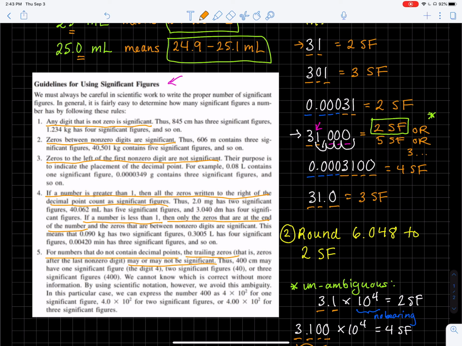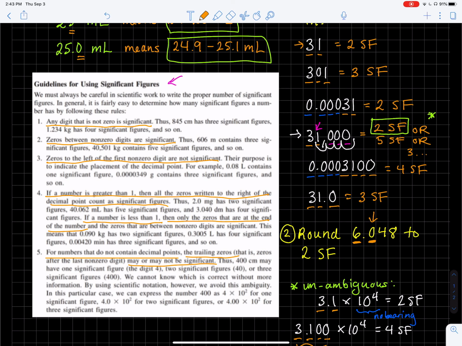So I gave you an example of round 6.048 to 2 sig figs. The first thing to do is to see that if I have 2 sig figs, I'm going to need a significant figure here and here. So I go to my smallest significant place, the one farthest to the right, and I have to round to that place.